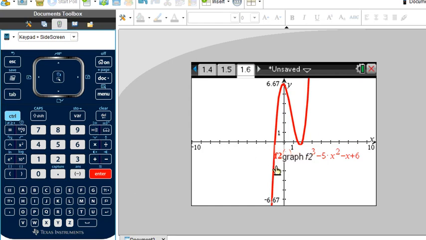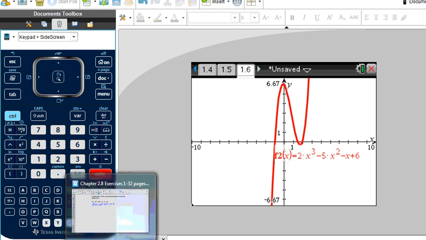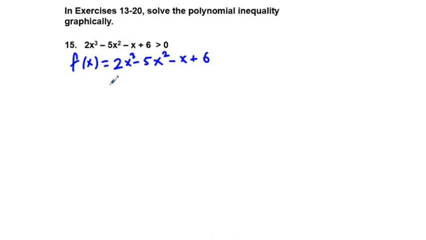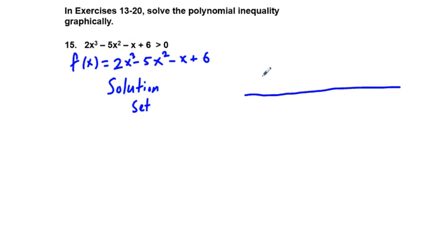We have negative 1. Let's go ahead and write this out, just what our graph looks like.